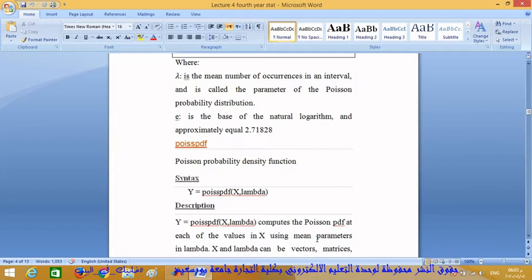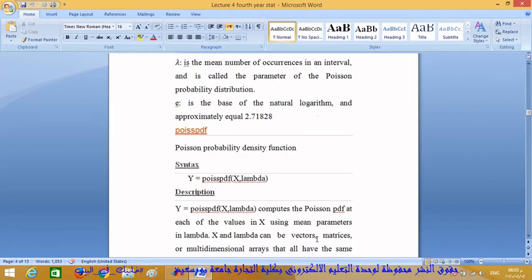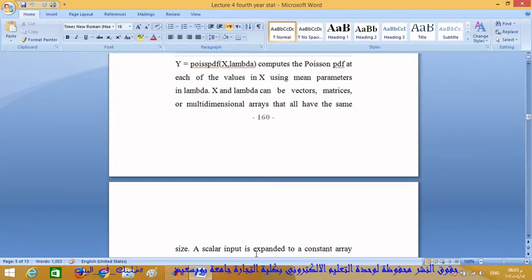x and lambda can be vectors, matrices, or multi-dimensional arrays. We will not use matrices or multi-dimensional arrays, but you have to know that you can use them. They will have the same size: if vectors, the number of elements is equal, and the sizes of matrices are also equal.